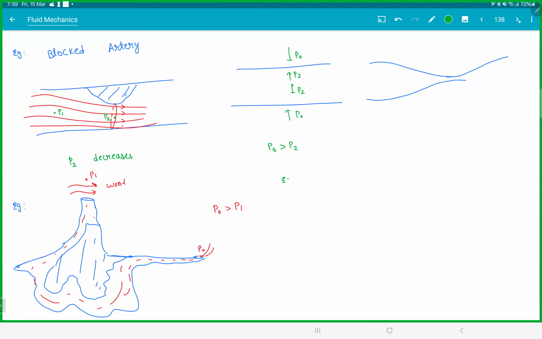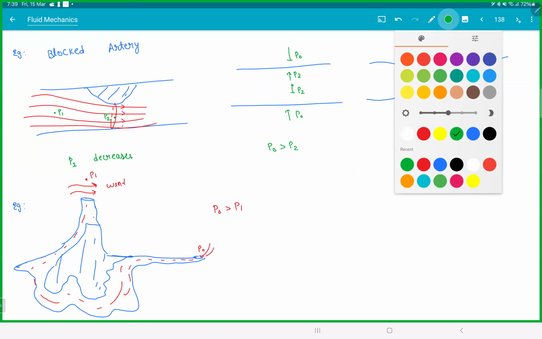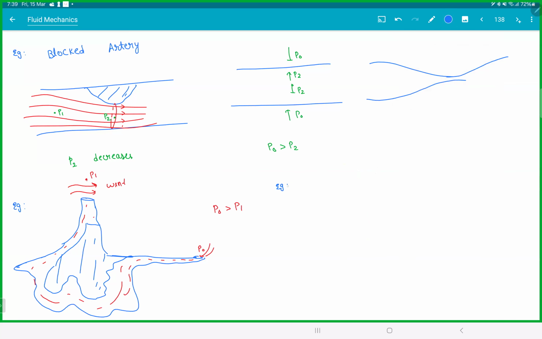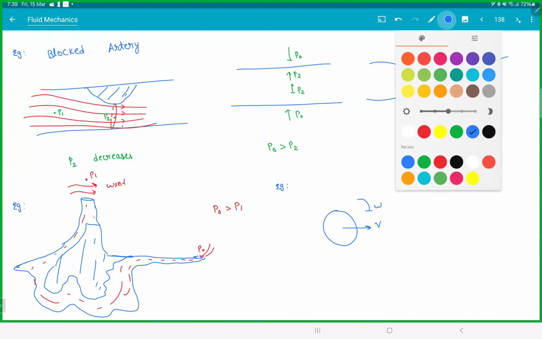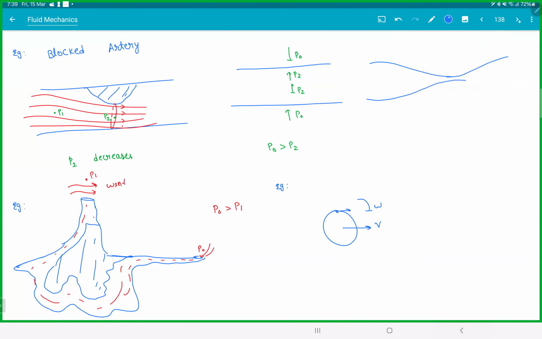The same thing, you can also take a football. I'm sure you must have seen the banana shot, football fans here. If you take a football and let's say it is going with V and rotating with omega, at this point here, the velocity will be V plus R omega. At this point, it is V minus R omega. So this is P1 and this is P2, and P1 is greater than P2.